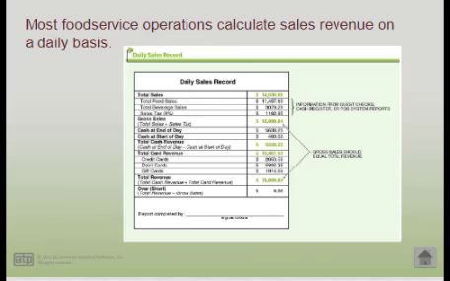Most food service operations calculate sales revenue on a daily basis. The calculations are documented using a standard form such as a daily sales record.